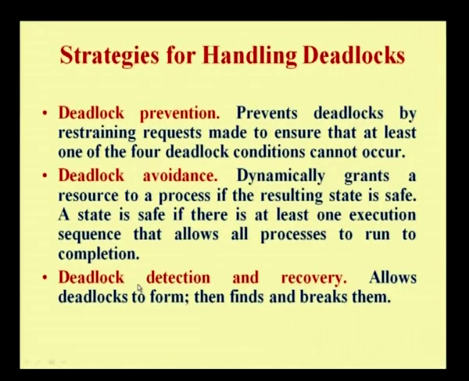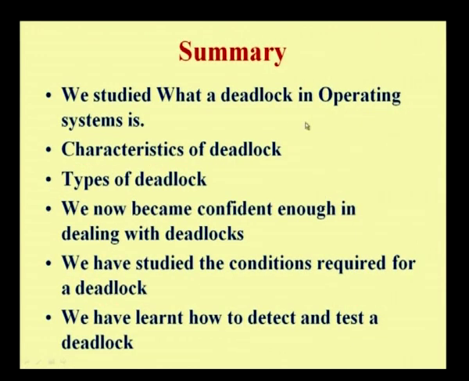Now the third point is deadlock detection and recovery. It allows deadlock to form, then finds and breaks it. Now we move on to the summary of whatever we have seen so far. We have studied what a deadlock in an operating system is, and the characteristics of a deadlock. We have seen the different types of deadlock.